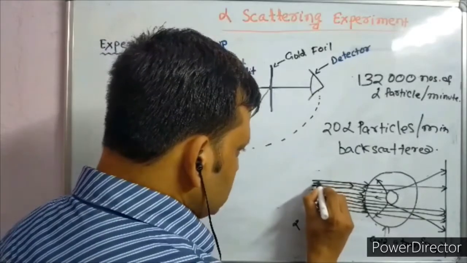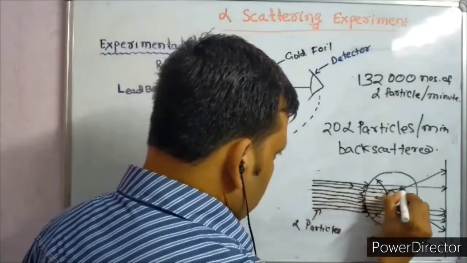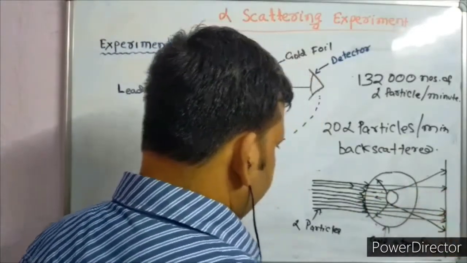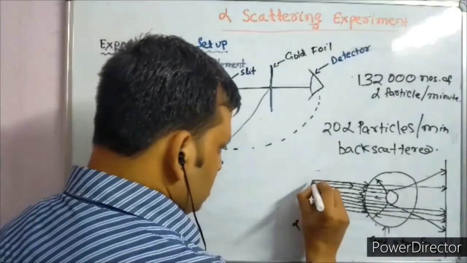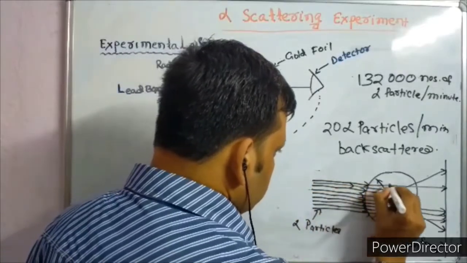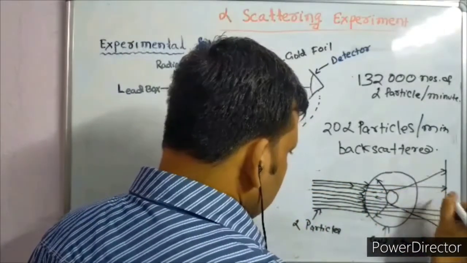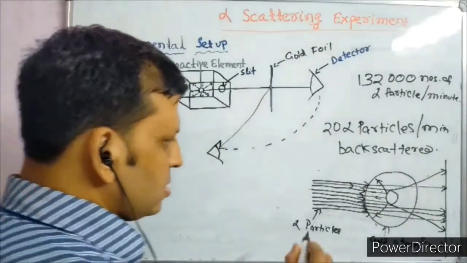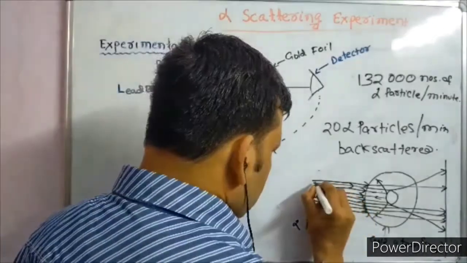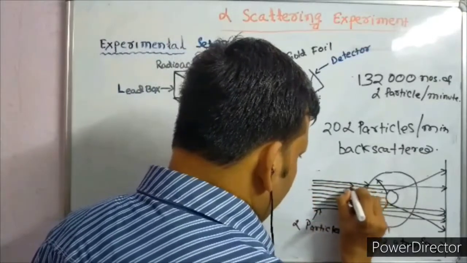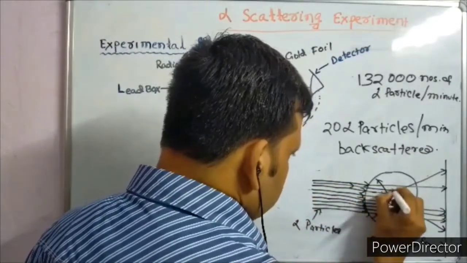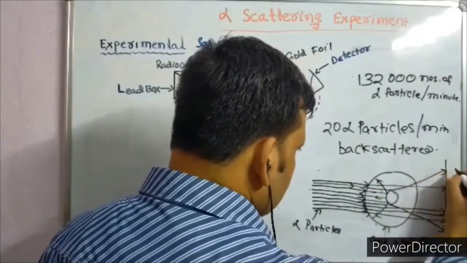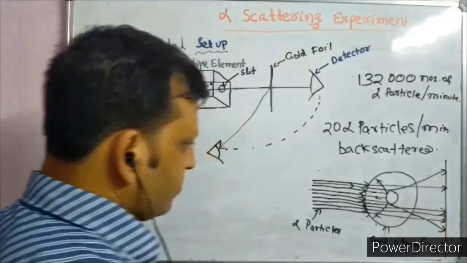Now we can see that this alpha particle is moving in a straight line and strikes the screen over here without any deviation. When we look at this alpha particle, we can see that from this point it is getting deviated and it is striking the screen over here.